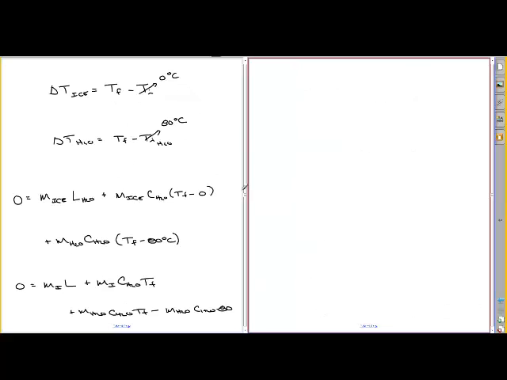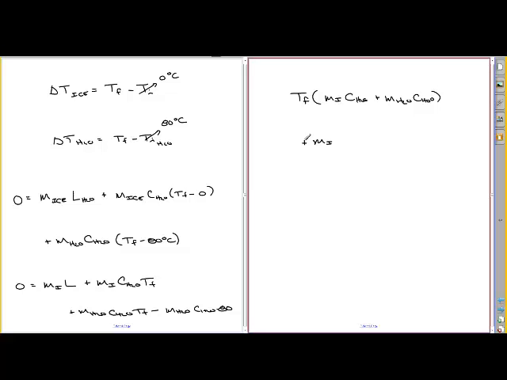And then we group the two terms that involve T sub F. So we'll have T sub F times the mass of the ice times the specific heat of water. So that's the first part. And then we'll have plus the mass of the water times specific heat of water.